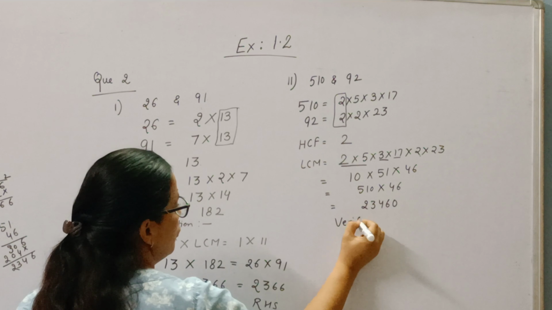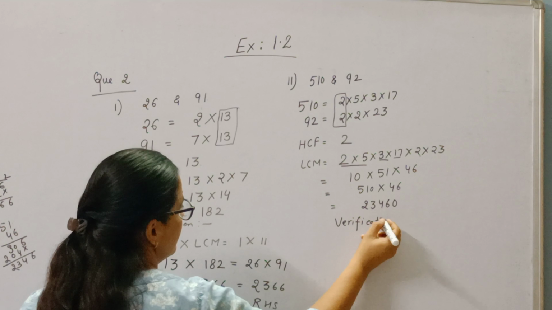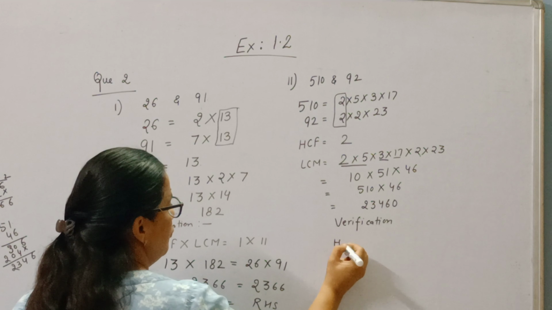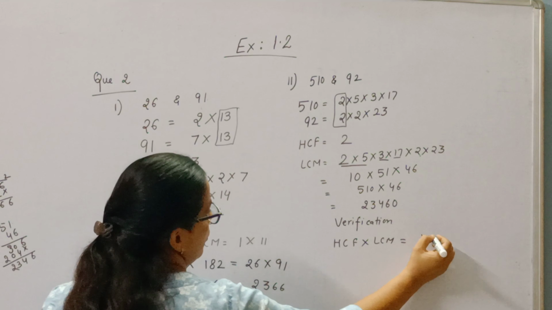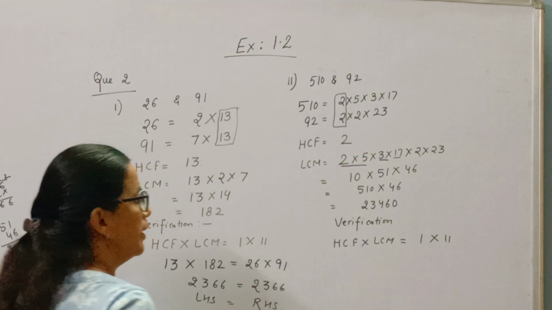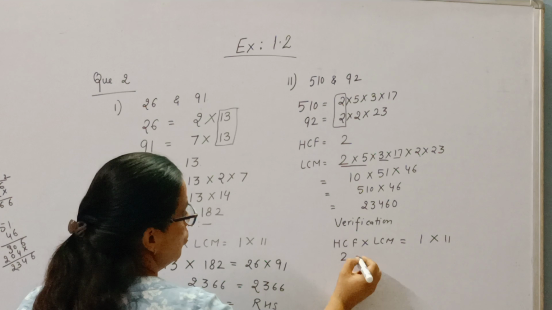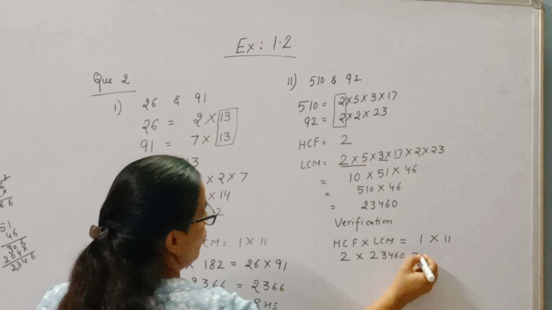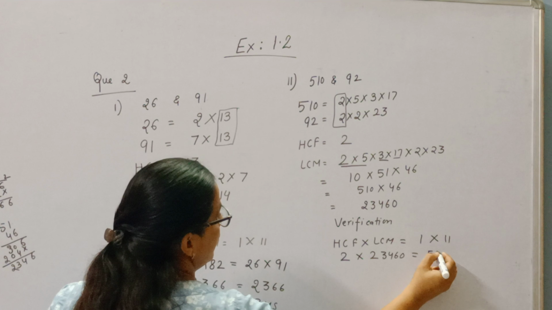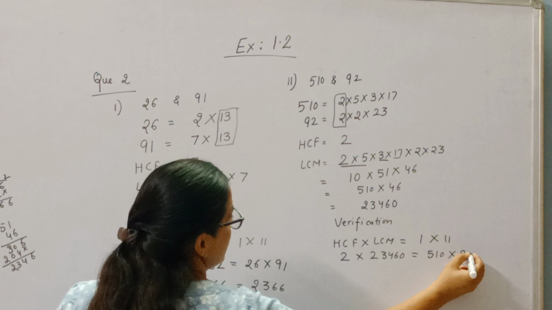Now verification. We will do verification for this. HCF into LCM is equal to first number into second number. Now HCF is 2, LCM is 23460, first number is 510 and second number is 92.